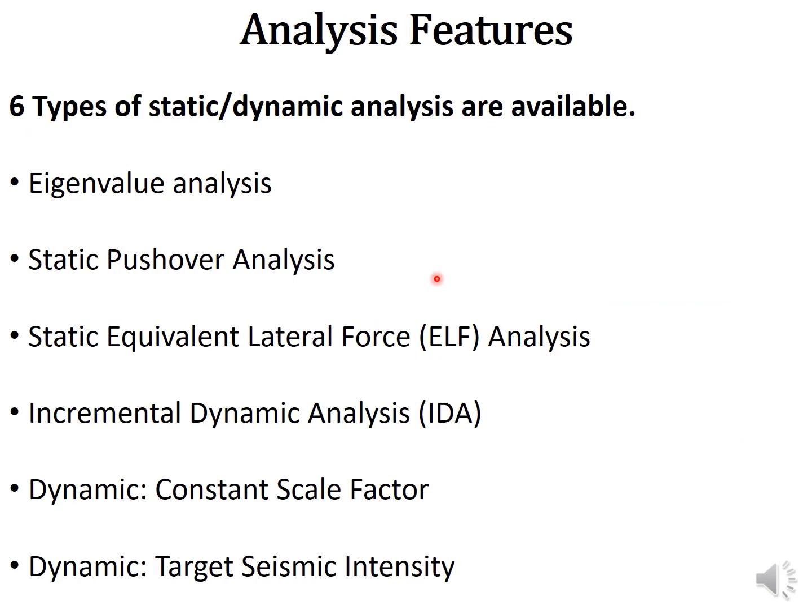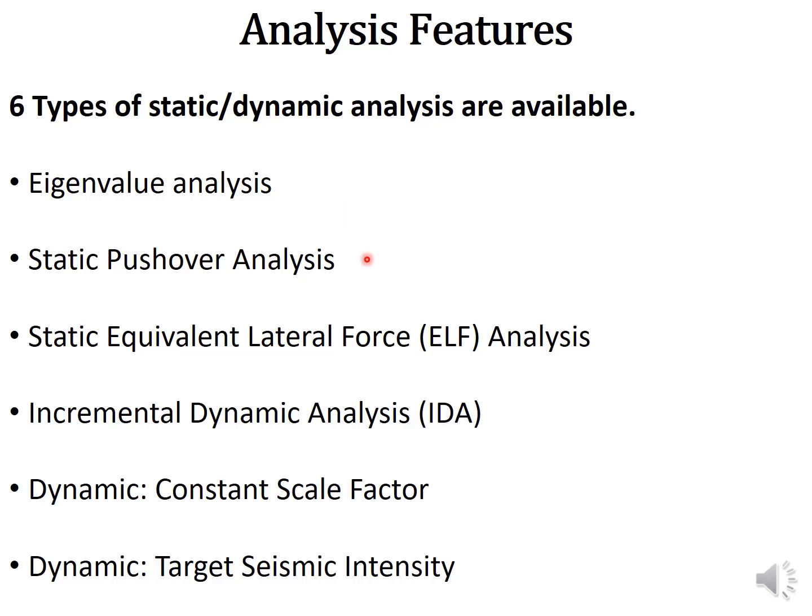With respect to the analysis, FM-2D offers 6 types of static and dynamic analysis procedures to be conducted. The first is the eigenvalue analysis, and from that you can get the eigenmode periods, the eigenmode vectors, and the modal mass participation factors.